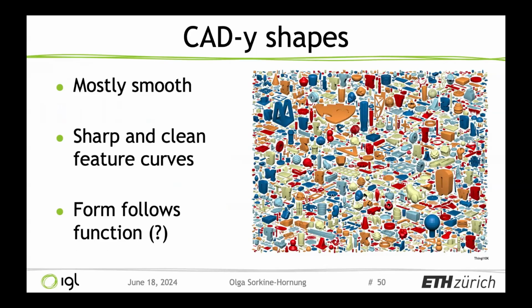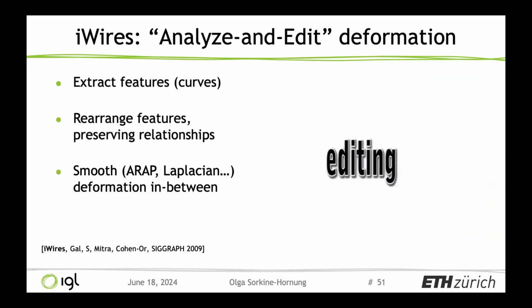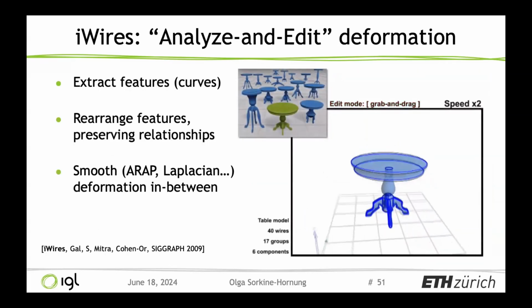Basically, you could say that for various reasons of design and functionality, these shapes are mostly smooth. So they don't have such fancy details as we saw before. They have quite sharp and clean features, maybe feature curves, something like that. And they have certain functionality, and usually the form follows the functionality.